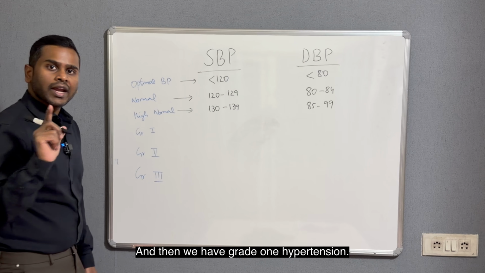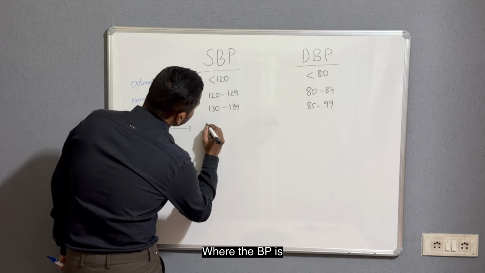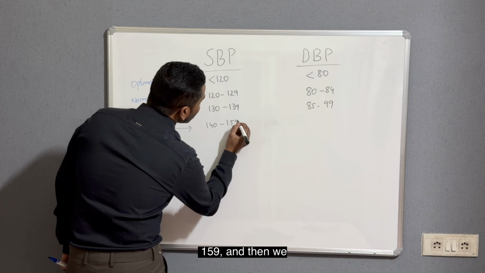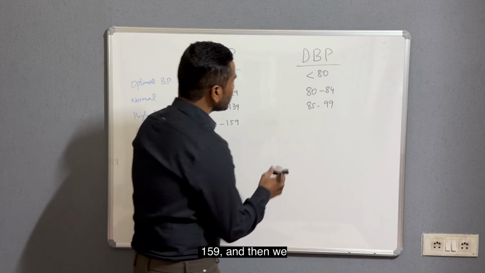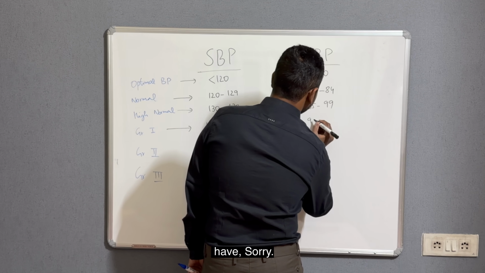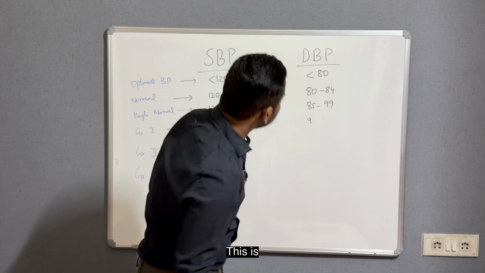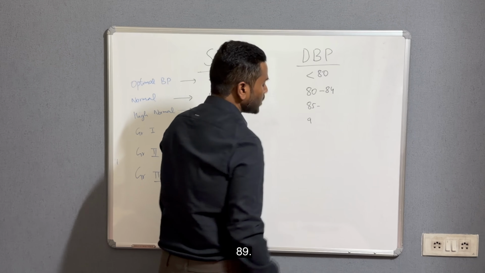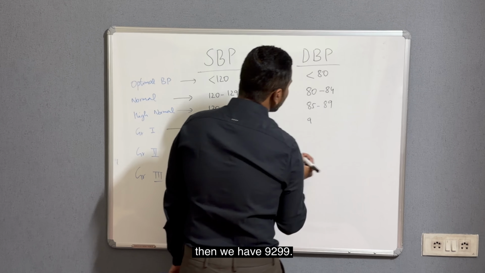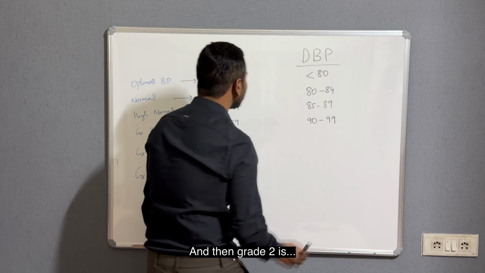And then we have grade 1 hypertension where the BP is 140 to 159 systolic, and diastolic 90 to 99.